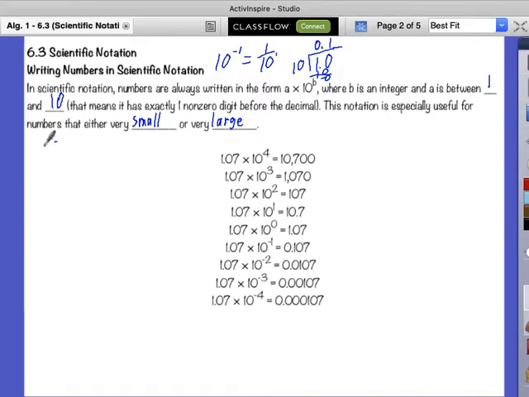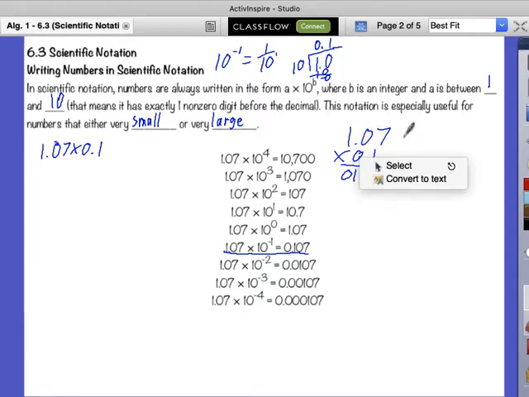So if I do 1.07 times 0.1 for my 10 to the negative first, well, what's 1 times 7? 1 times 0. 1 times 1. And then 0, 0.